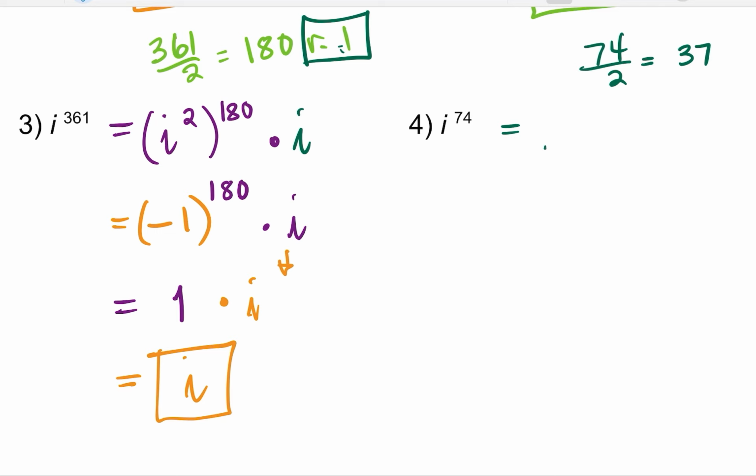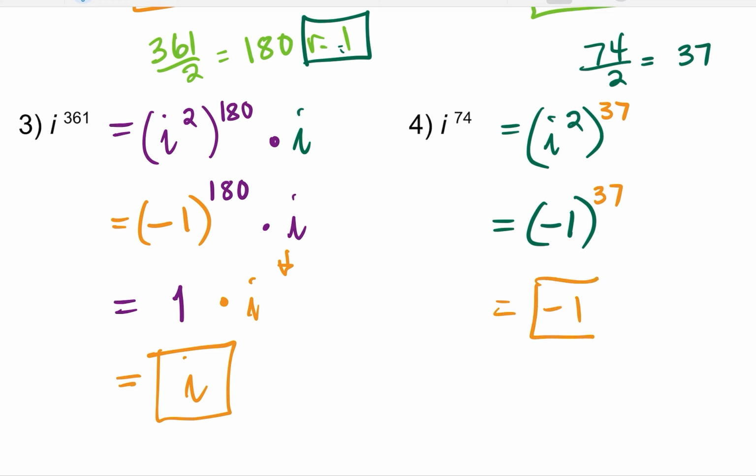So we have i squared to the power 37. i squared is equal to -1, and dropping that exponent 37, we put this in our calculator and check -1 to the power 37. Don't forget to put it in parentheses. That should give you -1. So our answer is -1.